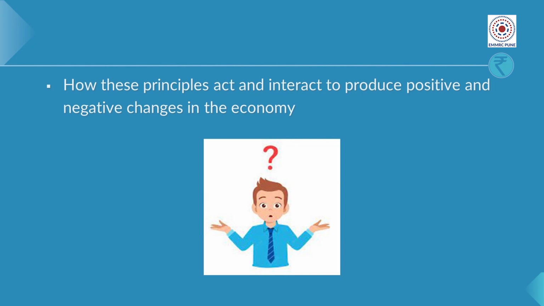Let us now understand how these principles act and interact to produce positive and negative changes in the economy. This interaction is named variously by economists; some call it a leverage effect, or it is commonly known as the super multiplier. Let us understand this interaction by taking a hypothetical example.